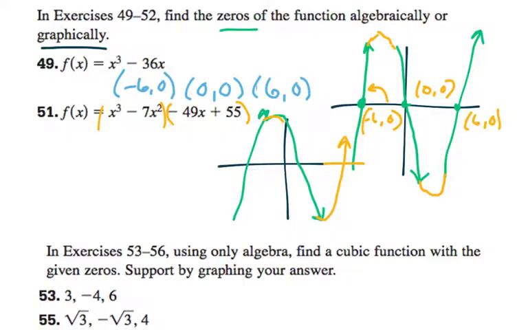Negative 6? Ooh, definitely not negative 6, negative 5. Okay, so negative 5 is one of ours. Then over here, it looks like it might be at 1. Yep, so 1, 0. And then a little bit past 10, it looks like 11 for this other intercept. So that means that our zeros are going to be negative 5, 0, 1, 0, and 11, 0.